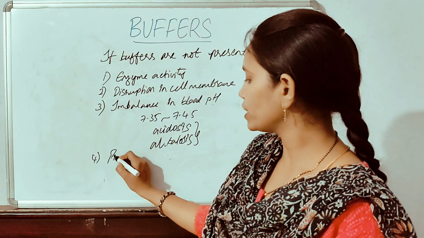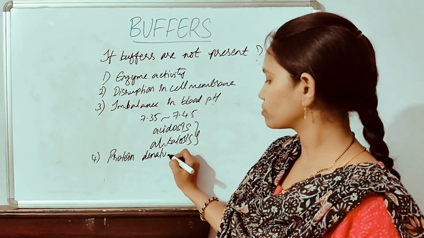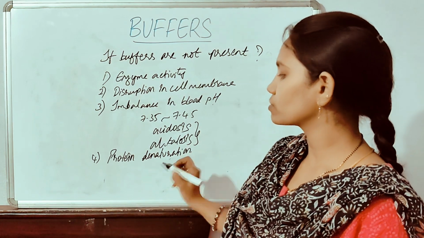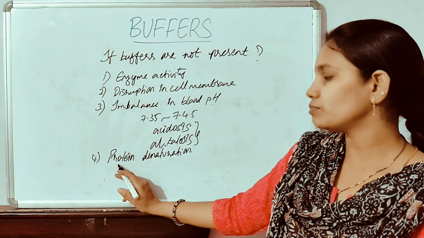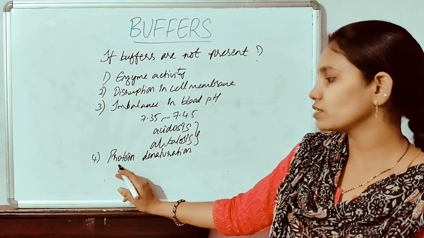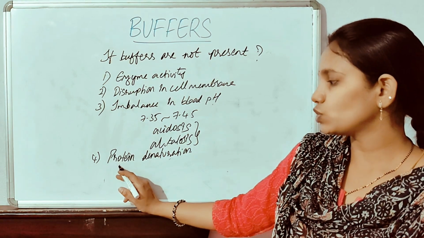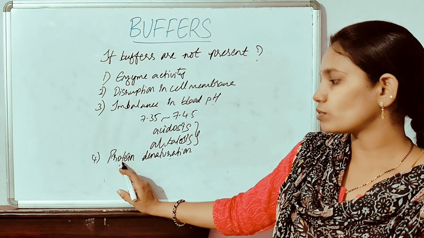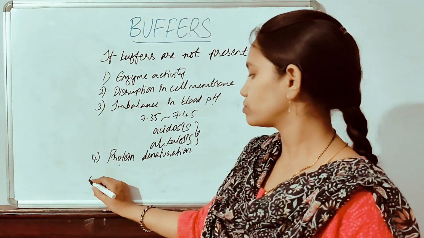Fourth, protein denaturation. A sudden change in pH can drastically alter the charge of the protein, and it even leads to unfolding. So without buffers, their activity is also lost.